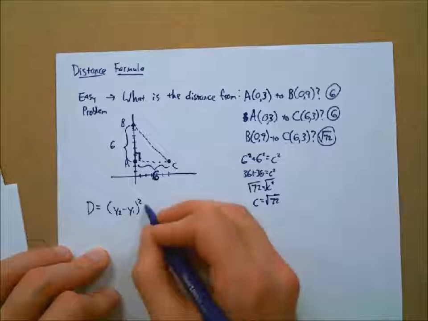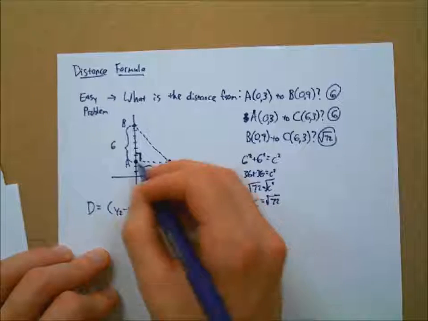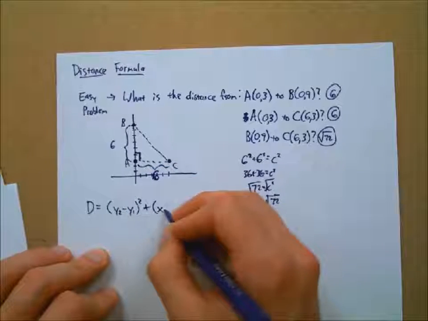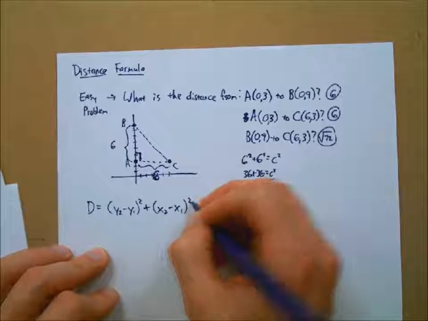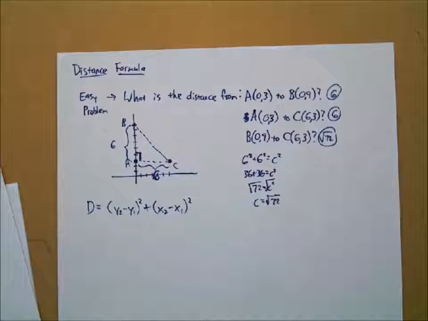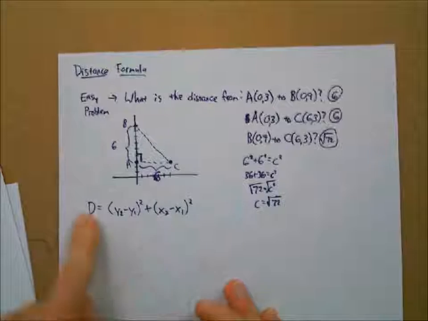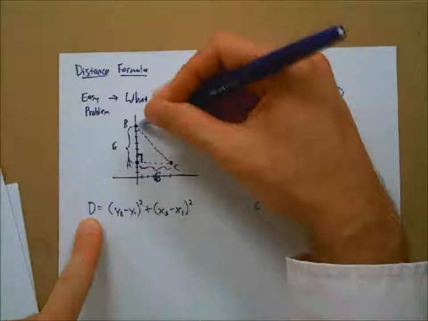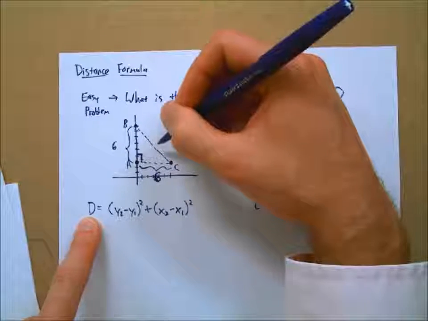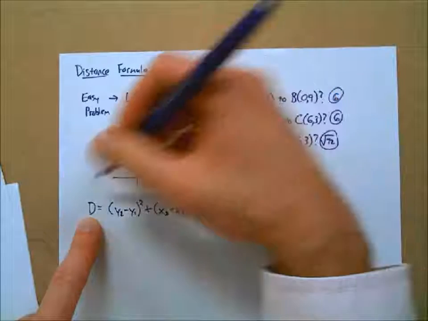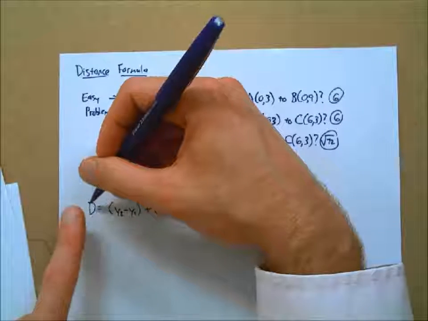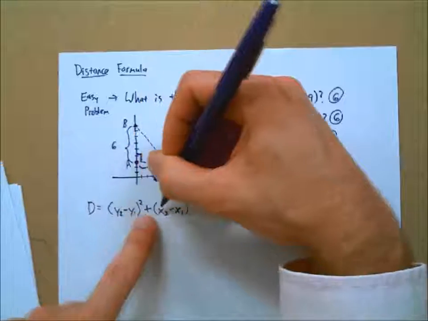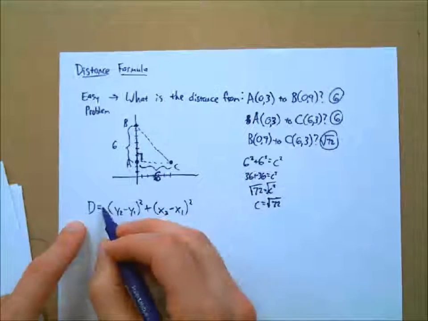We then took the difference in the x coordinates and squared them, again as part of the Pythagorean theorem. And we set that equal to this distance that we were trying to find. We called that c squared, but in general, it was just the distance. Instead of squaring d, we put a square root over the entire thing, and voila, we have the distance formula.